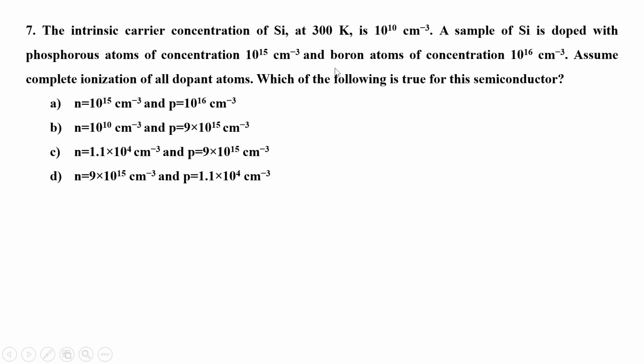We have to find out which of these are true: what is the value of n and what is the value of p. We have the relation in which Ni square is related to n and p, right? So using that, you have to find out.